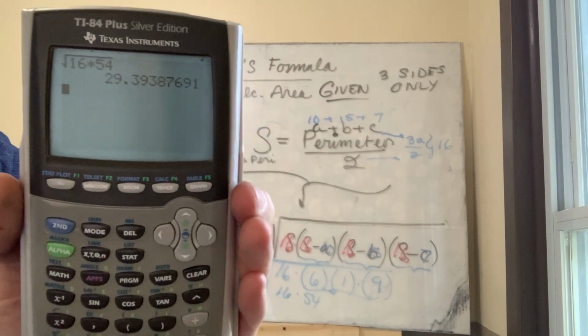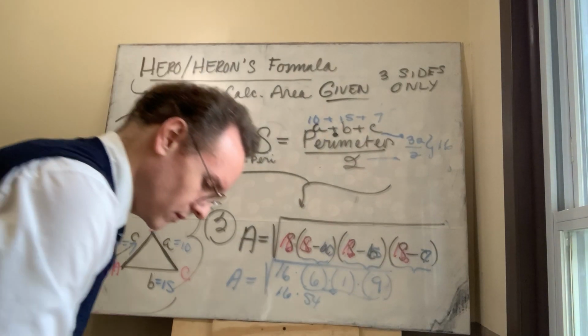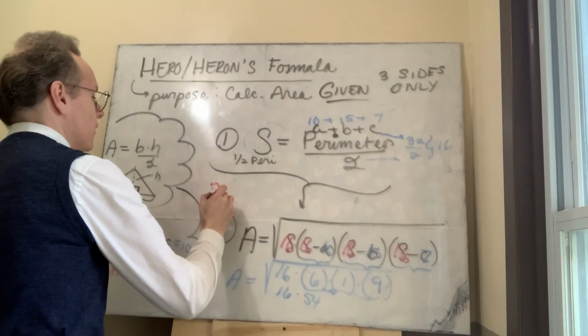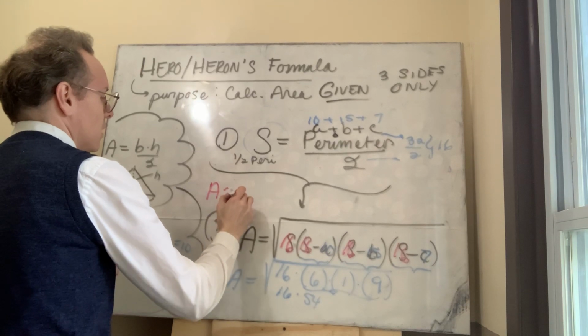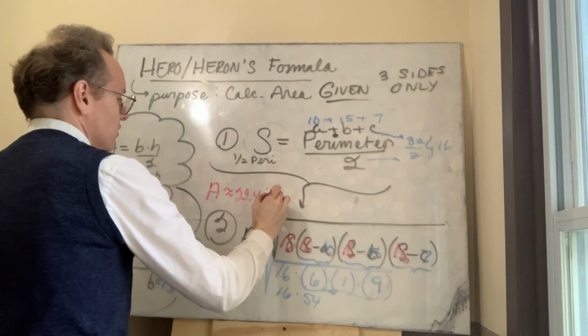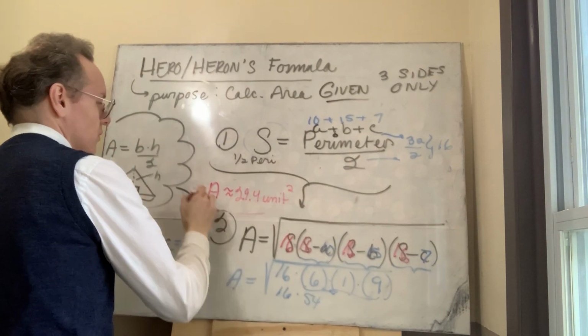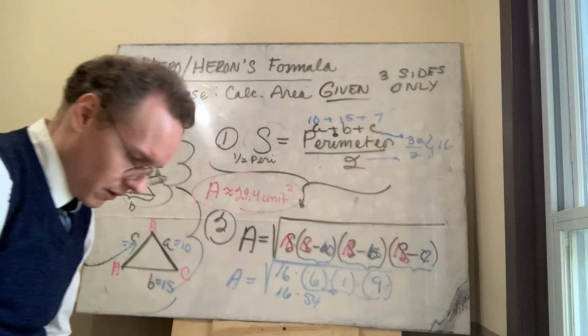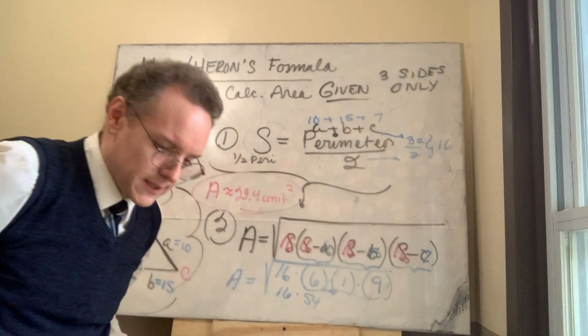If I round it, that would be the area. The area would be about equal to 29.4 units, and since it's an area, it would be squared. Okay. All right. That's basically it.